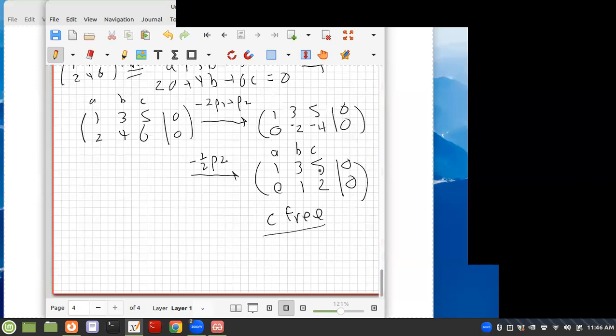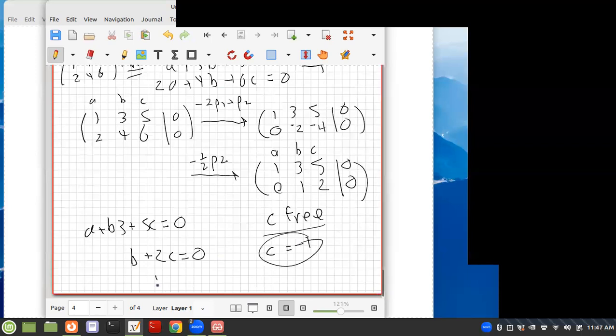That means these are not linearly independent because I can find a solution. A plus B3 plus 5C equals 0. I can find a solution of this where A, B, and C are not 0. For example, I can choose C equals -1, so that B is going to equal 2.